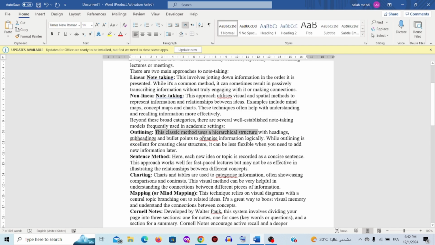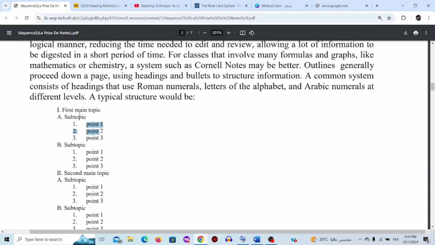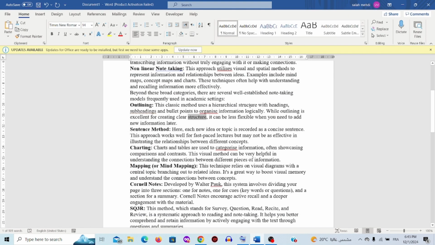You are going to use, for example, headings, عناوين رئيسية, subheadings, عناوين فرعية, and bullet points, نقاط رئيسية, to organize information logically. For example, here is the first main topic, here is the heading, here is the subheading, and here are the bullet points. It's like a hierarchical structure, بنية هرمية.